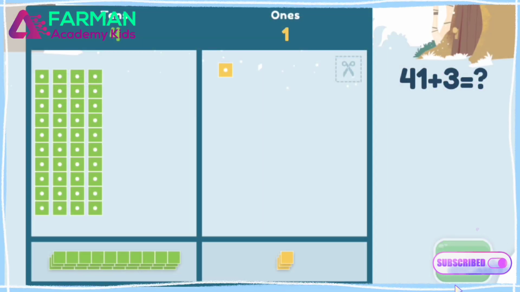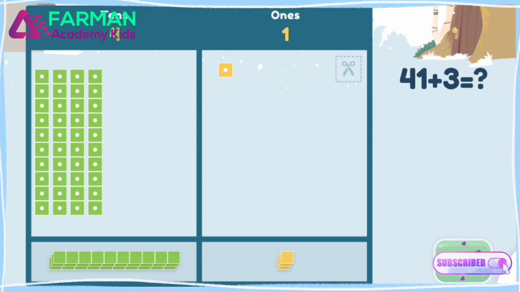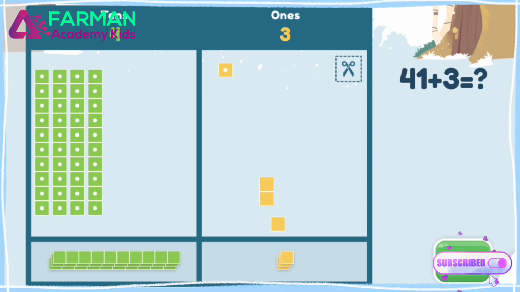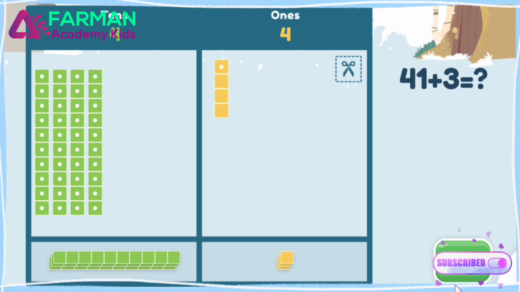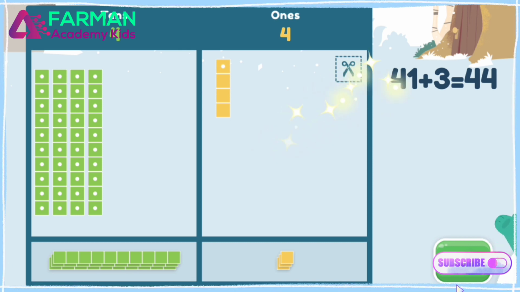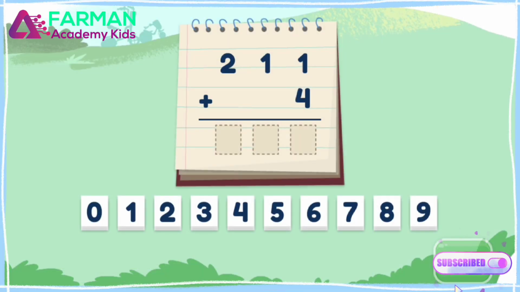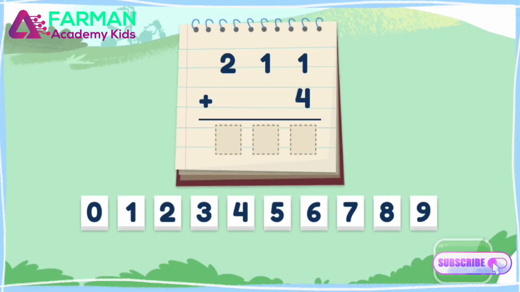Let's do some addition. Solve the equation by adding 41 plus 3. Great! You added blocks to add to the ones place. Solve this equation by adding the ones place.